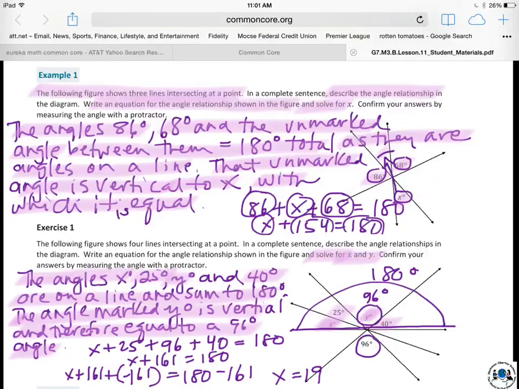I'm just going to plug that in right here: x plus 25 plus the 96, which I figured out, plus 40 equals 180. X plus 161, take away the 161, x equals 19 degrees. If I add all those up, 19 plus 25 plus 96 plus 40, I do indeed get 180 degrees.